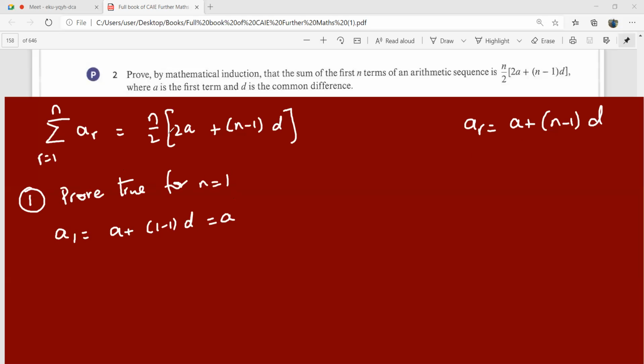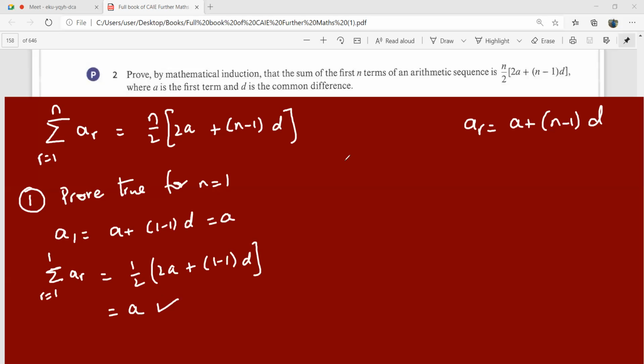And if you put that into the sum, the sum from r equal to 1 to 1 of a_r is going to be 1 by 2 into (2a plus (1 minus 1) into d). So that is equal to a.